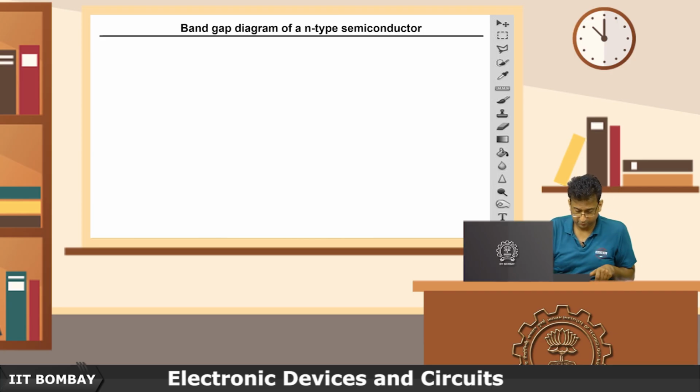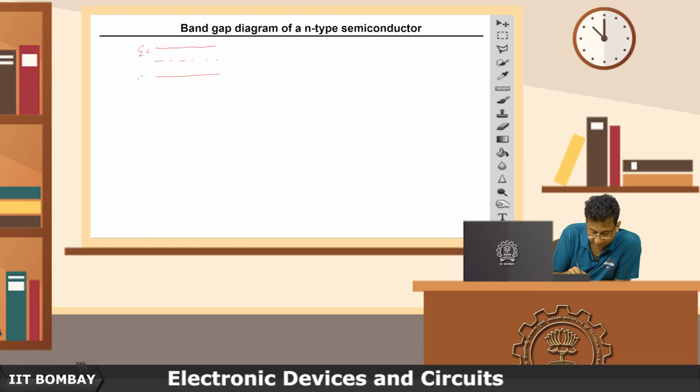A case of an intrinsic semiconductor, an n-type semiconductor, and a p-type semiconductor. Let me first draw the case of the intrinsic semiconductor. This is your EC, this is your EV, and somewhere in the middle, let's say EI. If I draw the Fermi energy level, it is symmetrical and passes through the middle, EF.